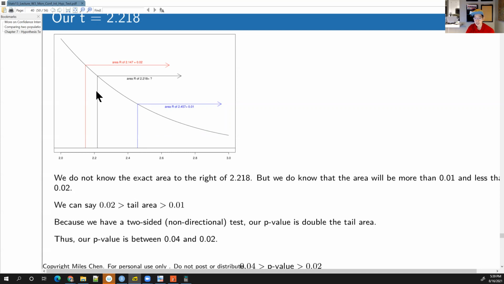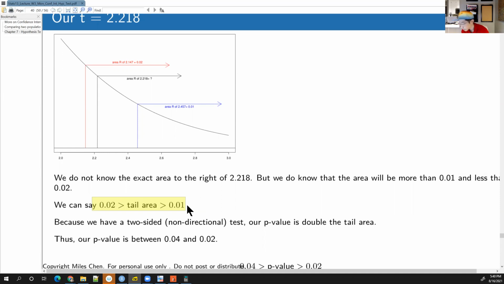So the corresponding area has to be in between 1% and 2%. Does that make sense? The area in the upper tail to the right of 2.218 has to be something between 1 and 2%.